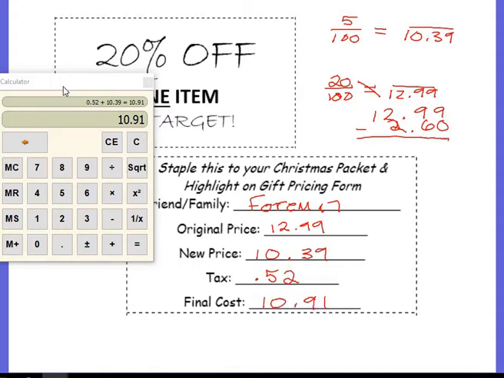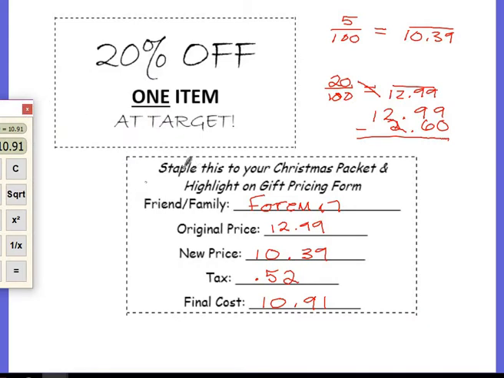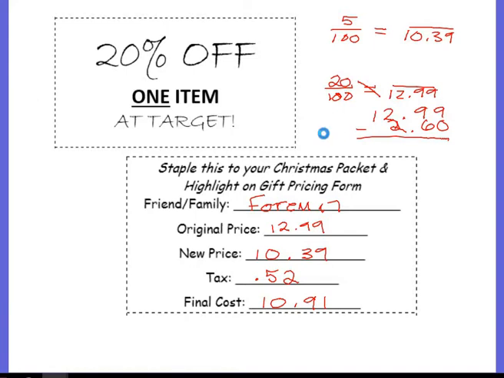Okay, that is my coupon. This says you must staple this to your Christmas packet and highlight on the gift pricing form. So I would go back to my gift pricing form when my computer decides it wants to.